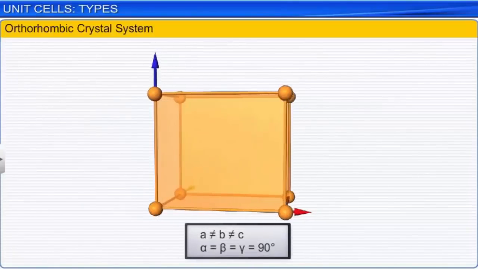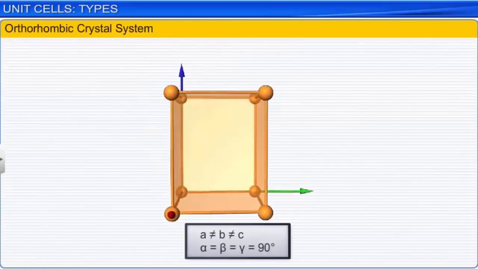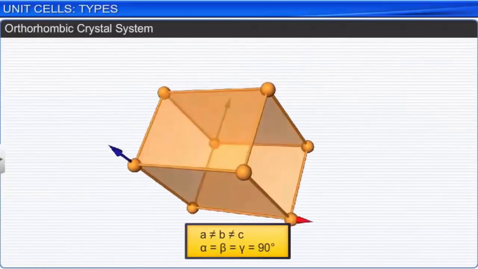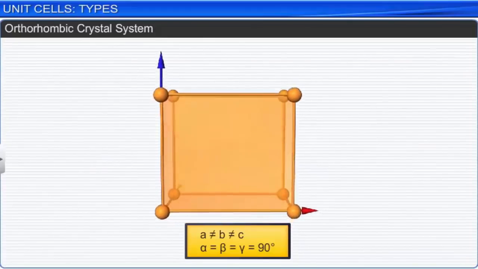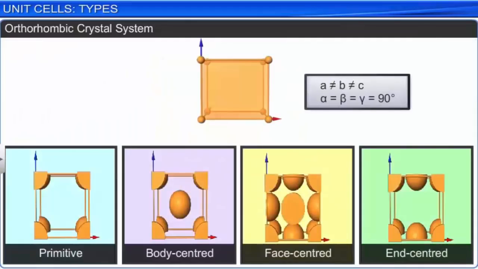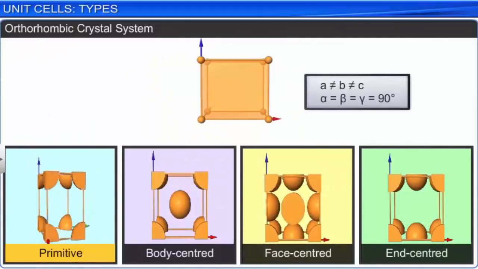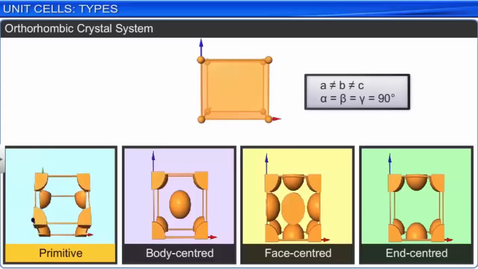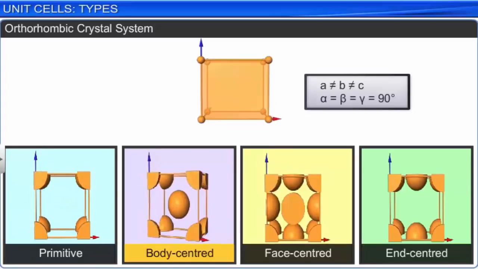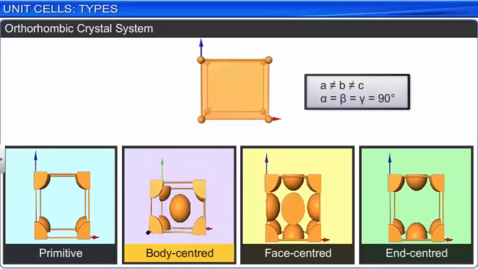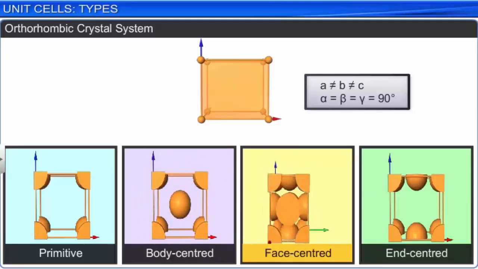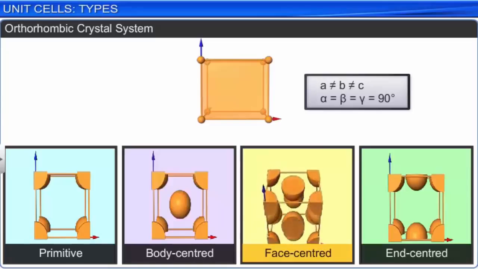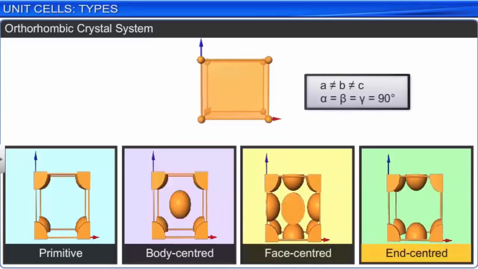In an orthorhombic crystal system, the three axes are unequal, but all axes are at right angles to each other. The possible lattices are primitive, body-centered, face-centered, and end-centered.